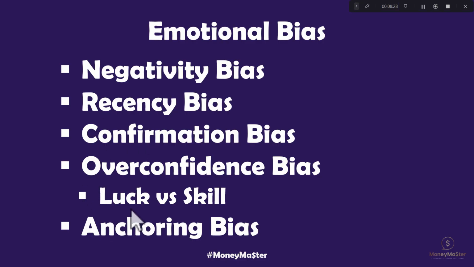Overconfidence bias and the difference between luck and skill. Overconfidence was where when things go well, instead of poorly, we get overconfident in our own ability. And it's not always easy to say, should we be confident because we have skill, or is it because we're just lucky?